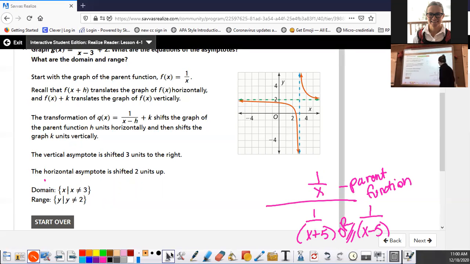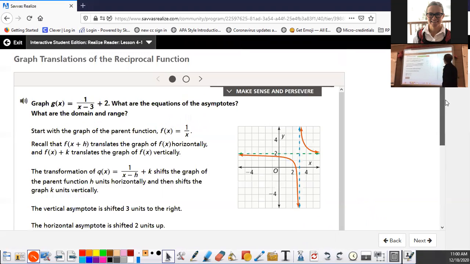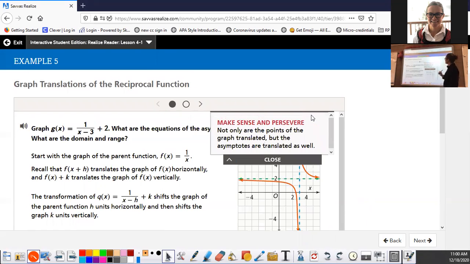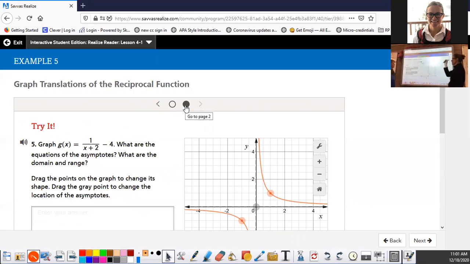As we're thinking about this, we always want to make sense and persevere. Not only are the points of the graph translated, but the asymptotes are translated as well. I always think of the asymptotes as a guide. I draw those in first and then my function. It makes it a little easier because then you're basing your graph off of them.